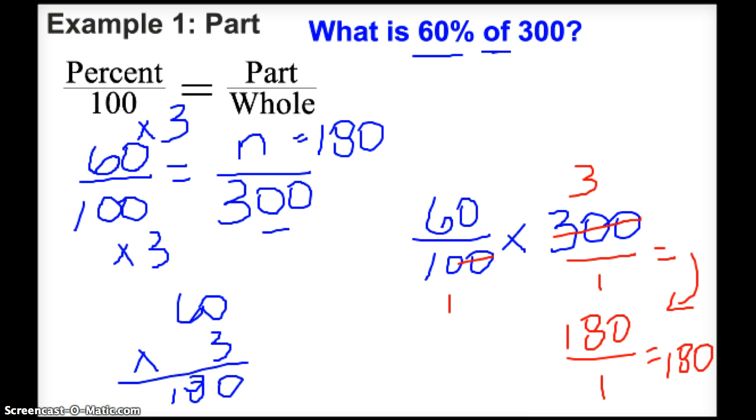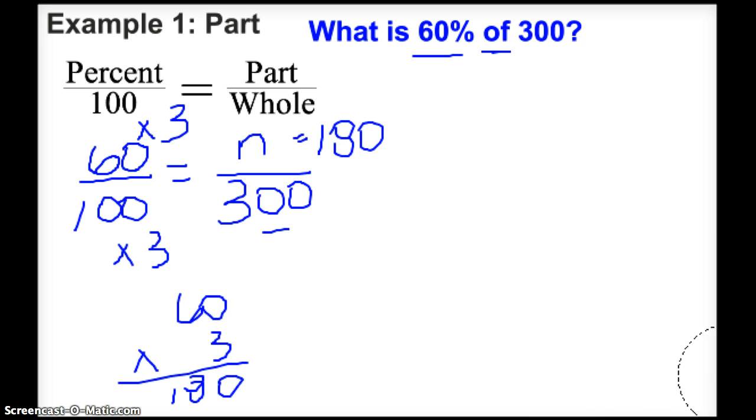There's actually a third way we can do this, and I don't want to spend a whole lot of time. We know this. But the third way is to turn 60% into a decimal. We learned this in class just yesterday. You take 60, put it over 100, and then just divide.